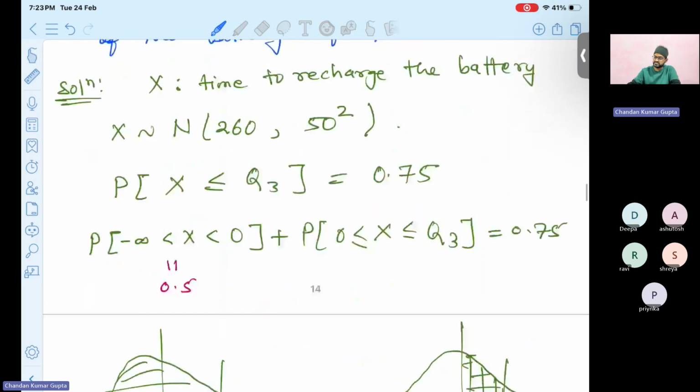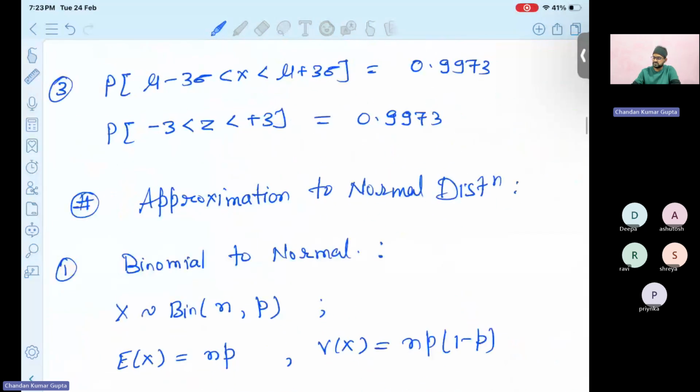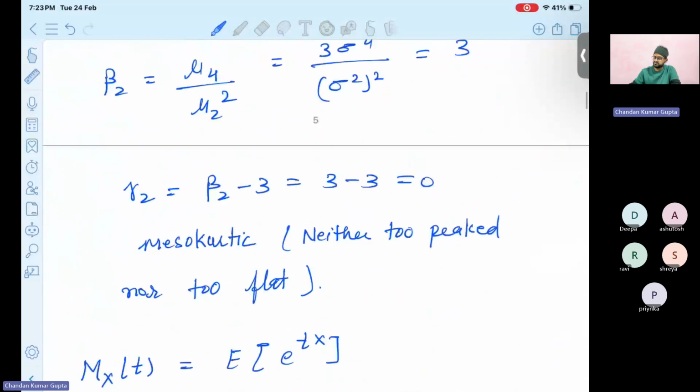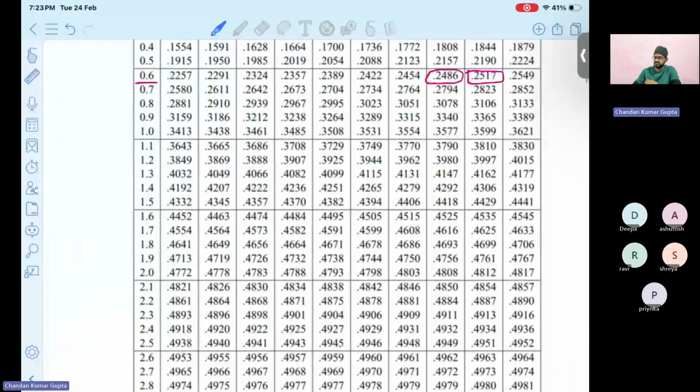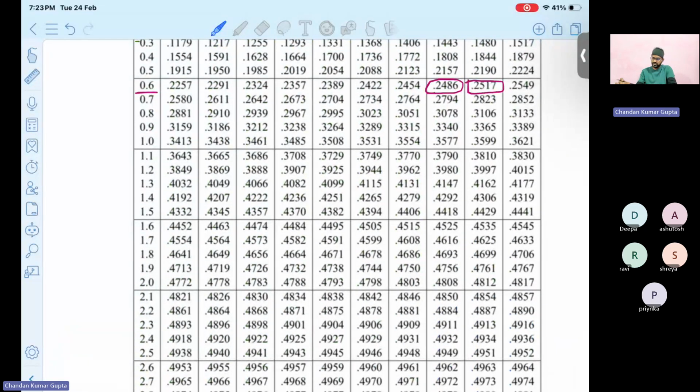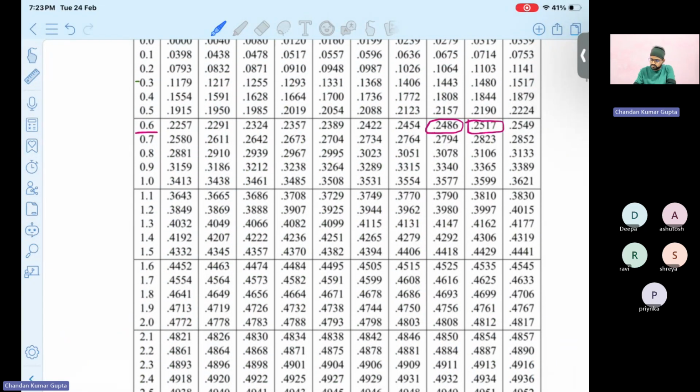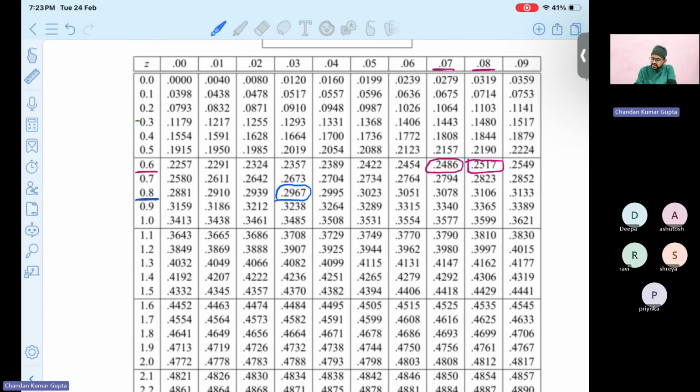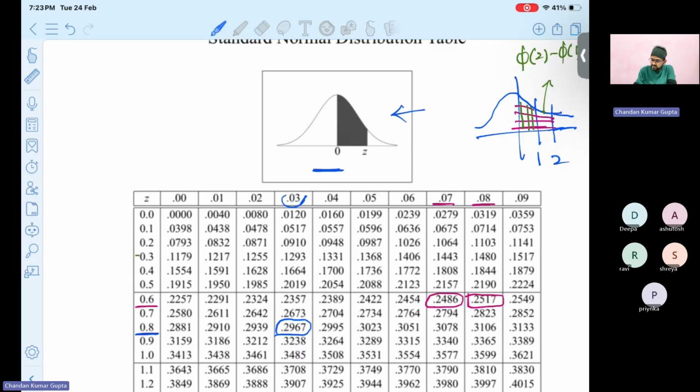So let's go to the table. You may use a different table if you want. The nearest probability is 0.2967, and you may find the exact same value. It's 2967, which is 0.8 here and 0.03 here.